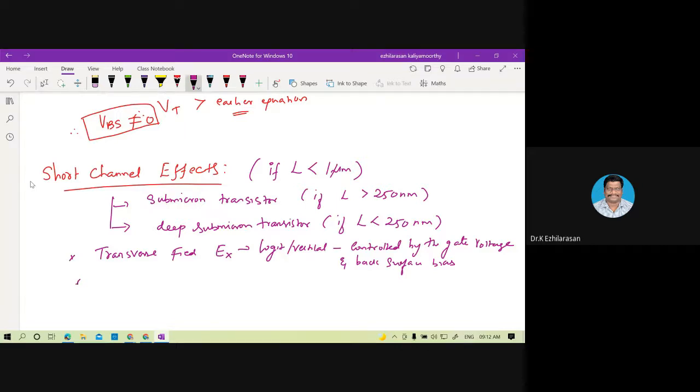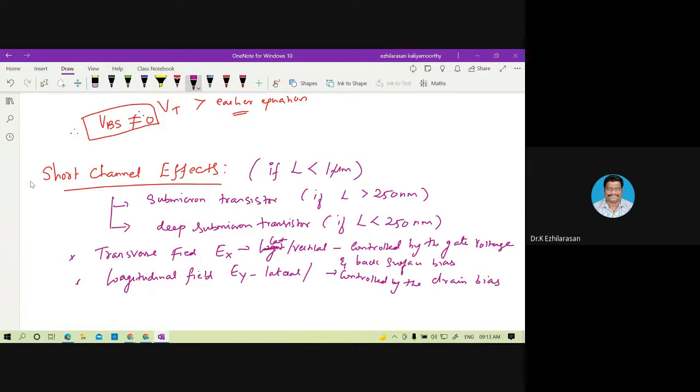The second is the longitudinal field, or lateral field, that is EY. Sometimes they call it the lateral field. What is the meaning of this? It is controlled by the drain bias.